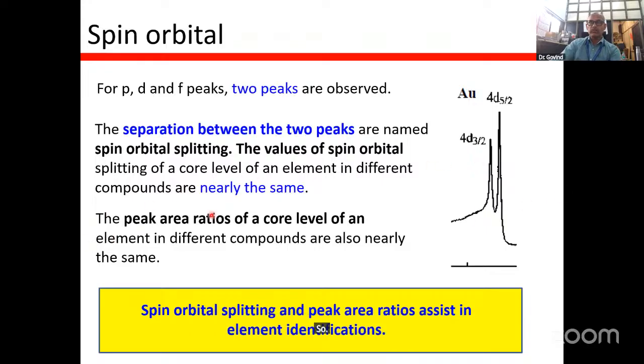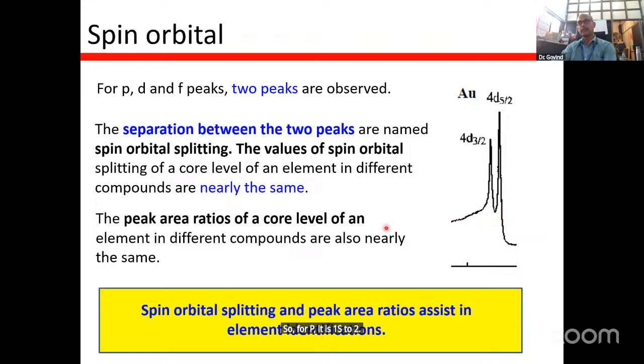Again, one more thing: if you see the peak area ratio, the ratio between the area under peak one and peak two, that is also the same. For example, in gold, the peak area ratio of that spin orbital will always remain the same. For P, it is 1:2.